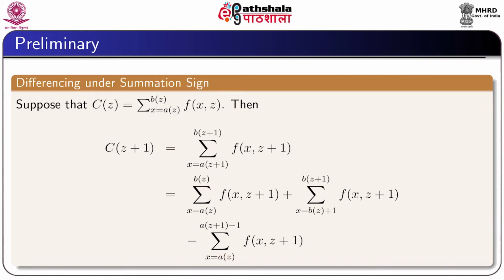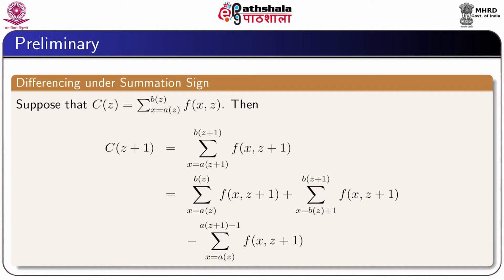Before I proceed to develop the probabilistic inventory model, let me explain some preliminaries on differencing under the summation sign. Suppose that C(z) equals sigma from A(z) to B(z) of f(x, z). Then we have C(z+1) equal to the summation from A(z+1) to B(z+1) of f(x, z+1).